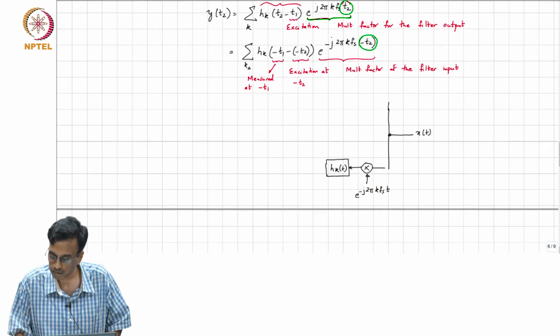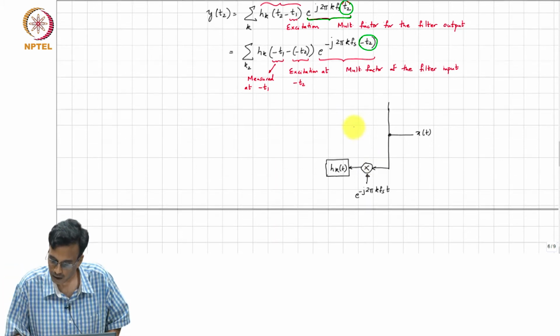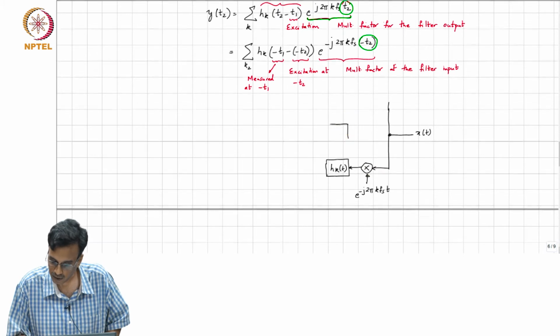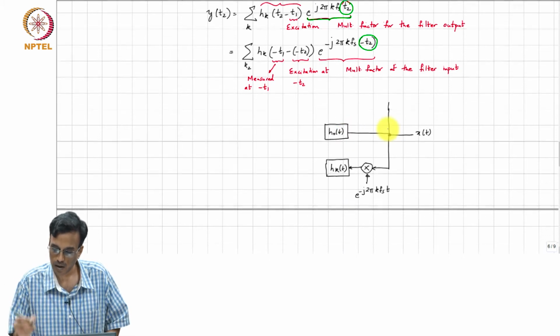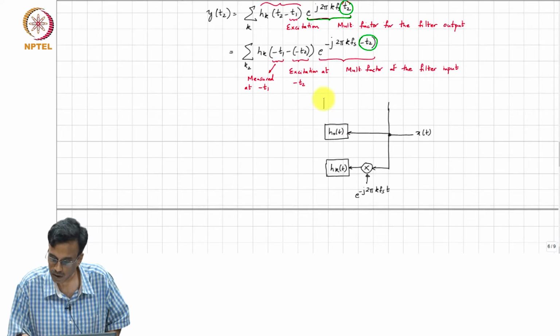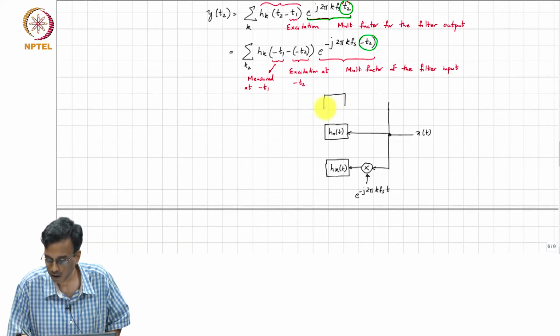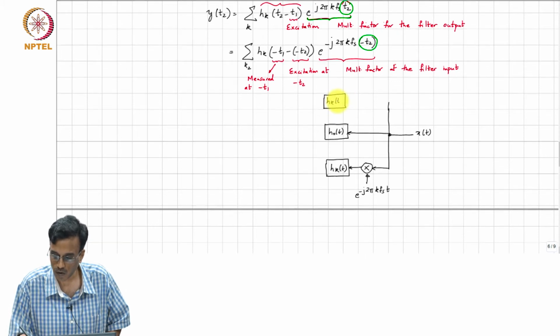All right. And so, this is going to be h sub 0 of t, all right, and this is going to be h sub k of t.